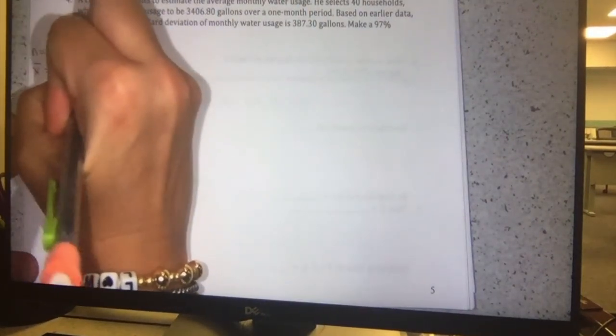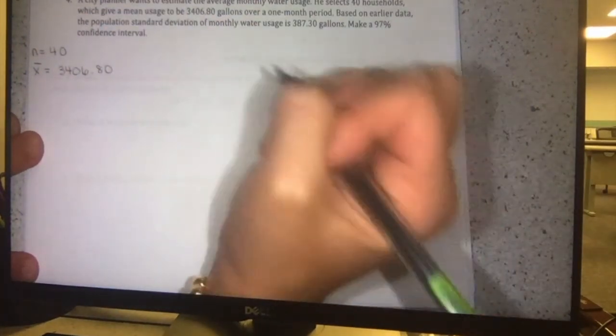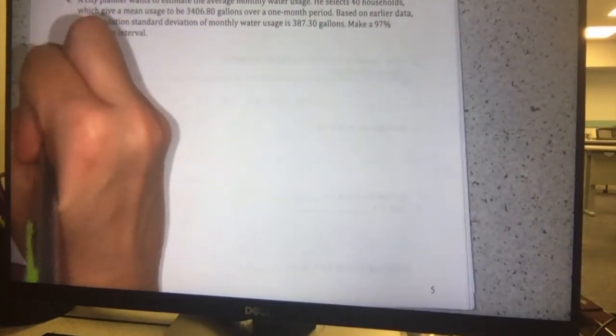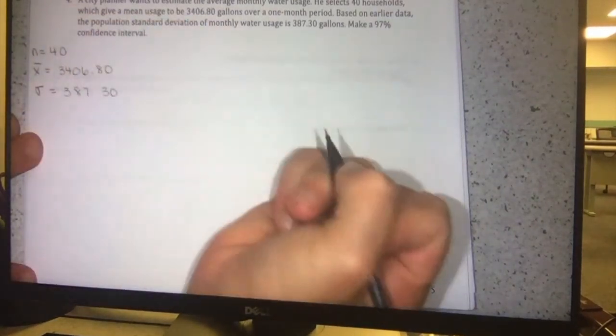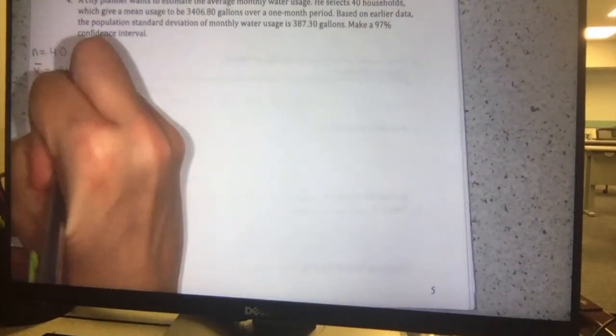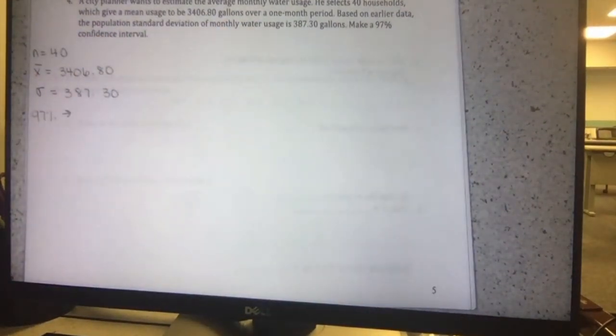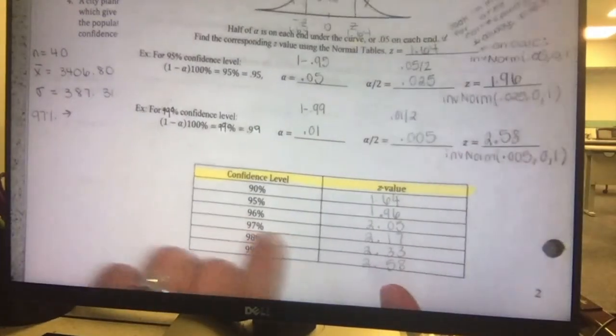Our x bar is 3406.80. Our sigma is 387.30. And we are 97% confident, so using our confidence level table, z would be 2.17.